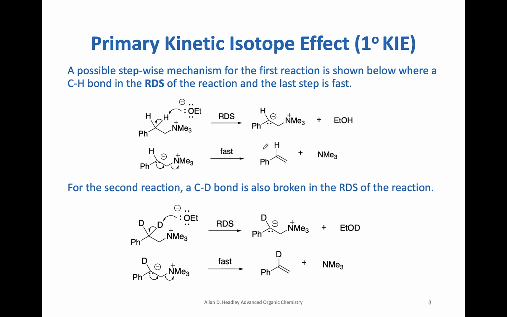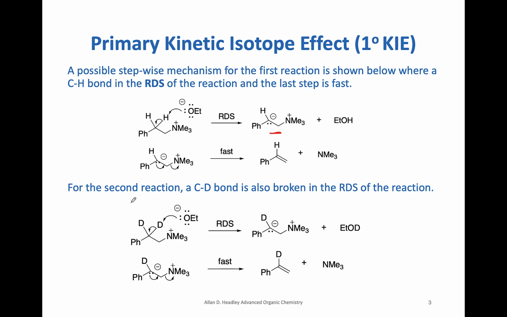This type of mechanism, we'll see later on, is called the elimination conjugate base, because here's a conjugate base. The one that we're more familiar with in organic chemistry is concerted, where this occurs in one step: the H is eliminated, and the trimethyl ammonium species leaves as the leaving group, concerted. But the bottom line is, in that most important step, a CH bond is broken.